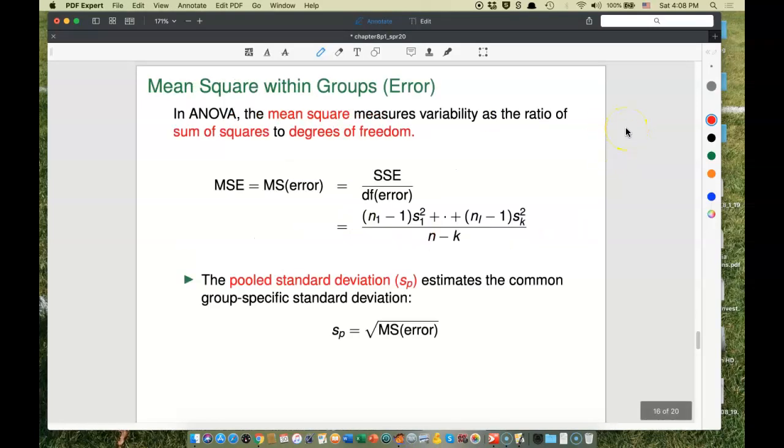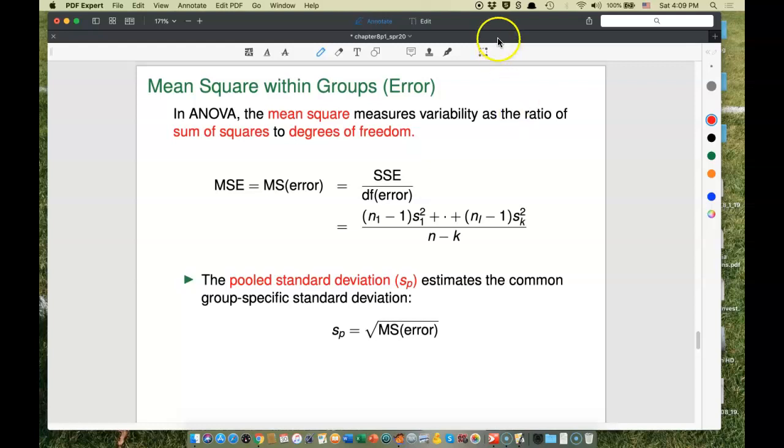Okay, so mean square error within groups. So what we're going to do is adjust out by the degrees of freedom. So what we're going to try to do is set up a situation where, under the null hypothesis, the variability as measured by the mean square should be the same whether you're looking at within or between groups.